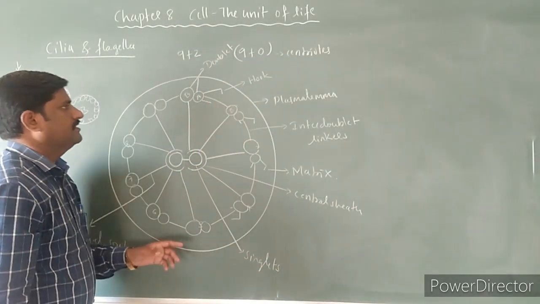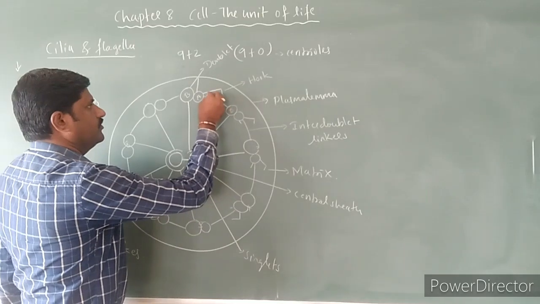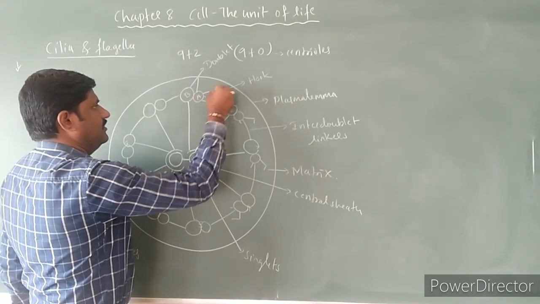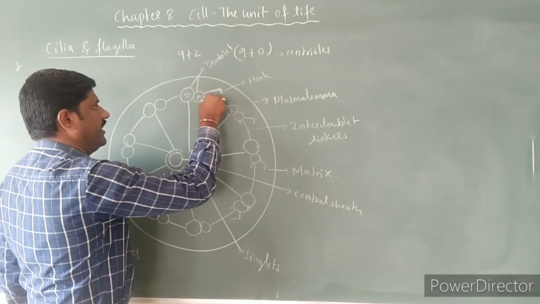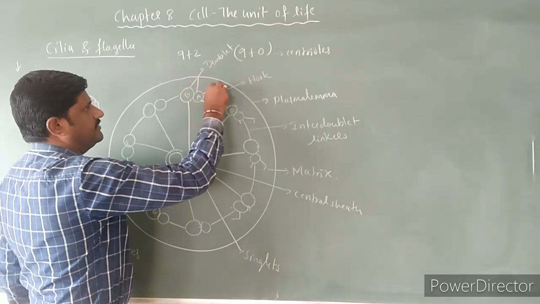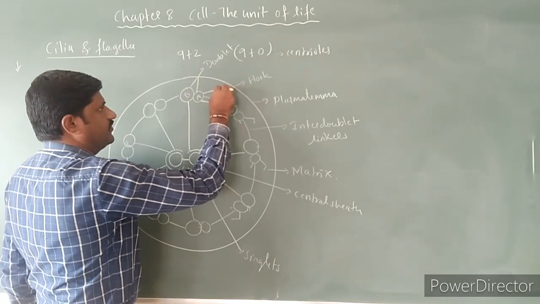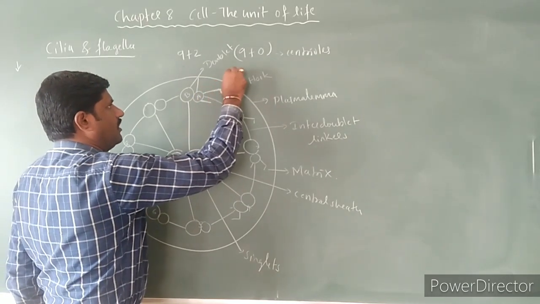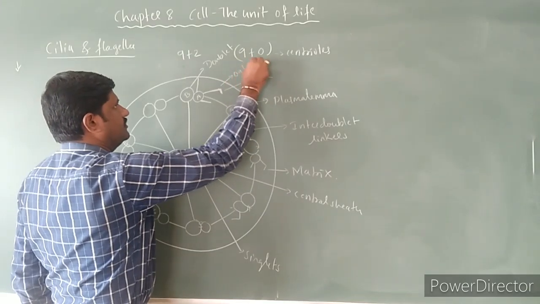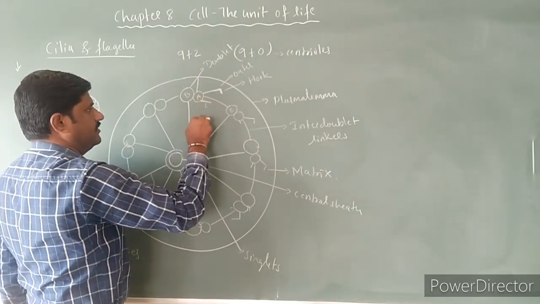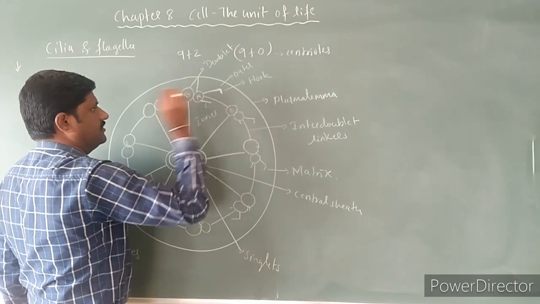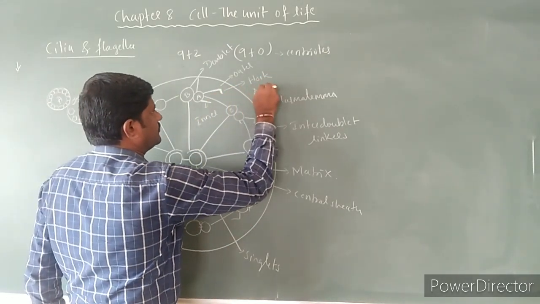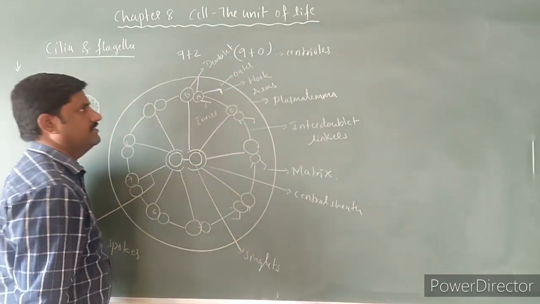Already I have told you there are two extensions that come from A, and among these, one is a hook-like structure, which is the outer one, and this is the inner one. These are called arms.